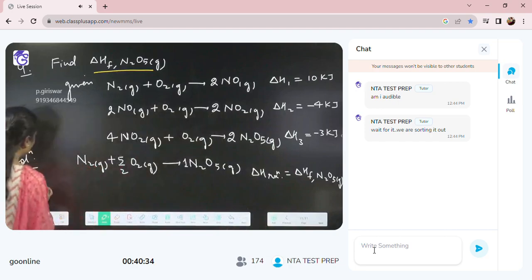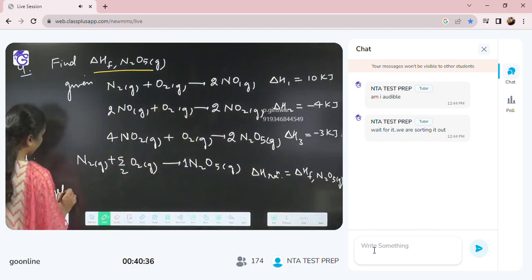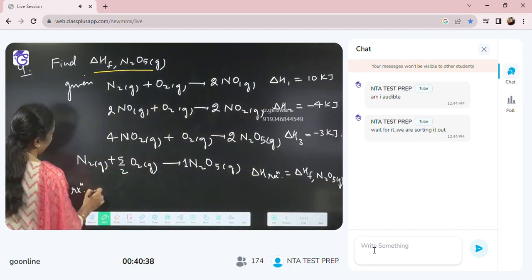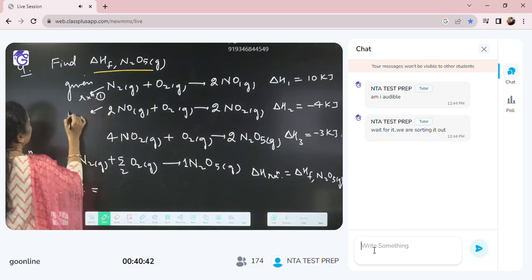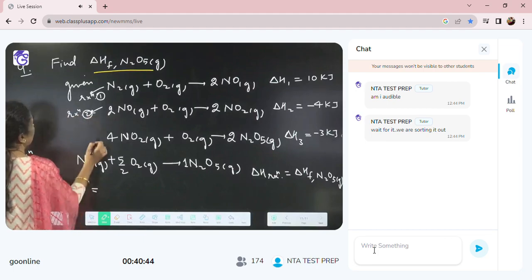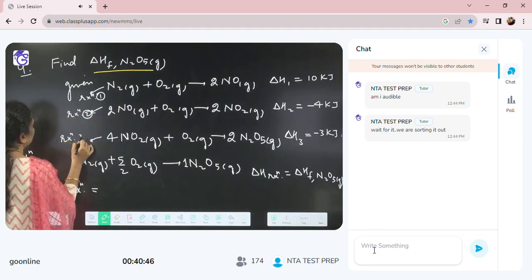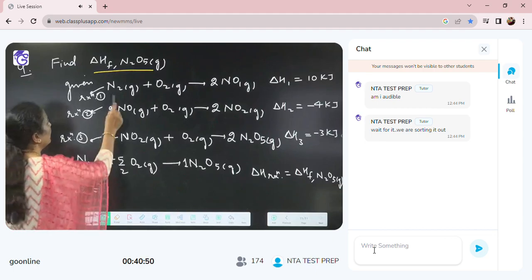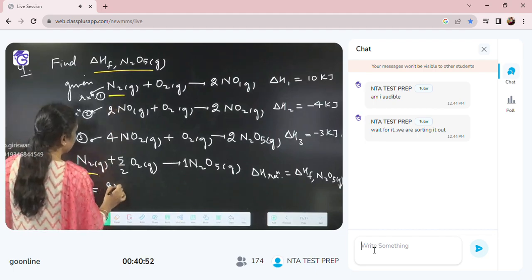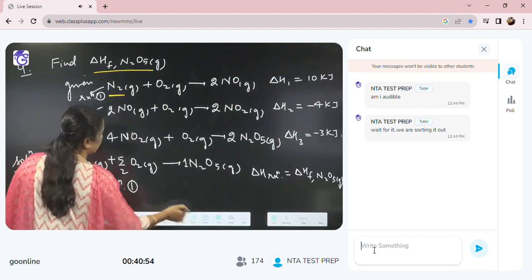Now the thing is, how would you get this target reaction? That's what we have to see. Now let us say this is reaction number 1, this is reaction number 2 and this is your reaction number 3. Now you want N2, 1 mole only. It is present in reaction 1. So I'm saying I just want reaction 1 as it is.